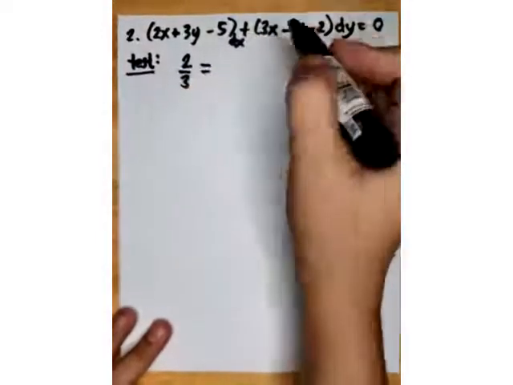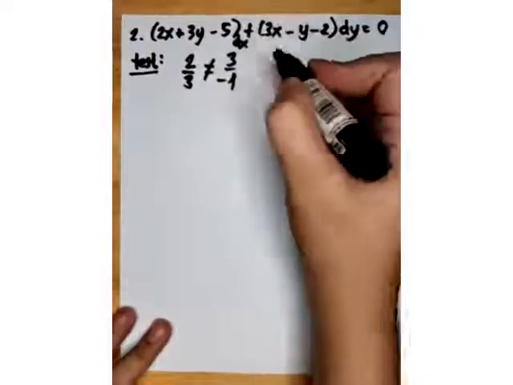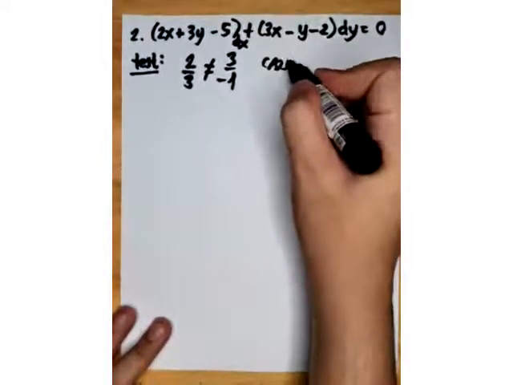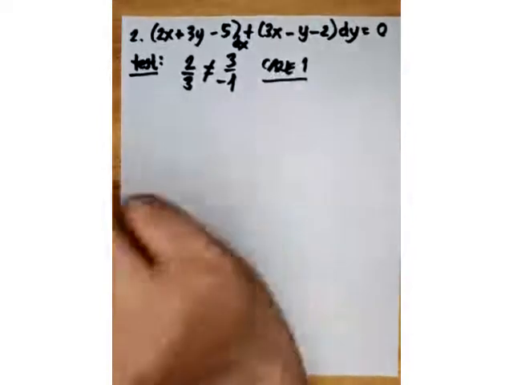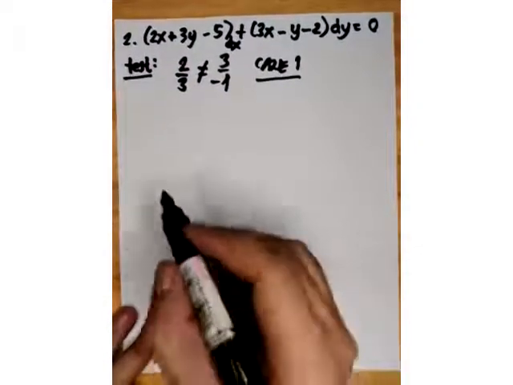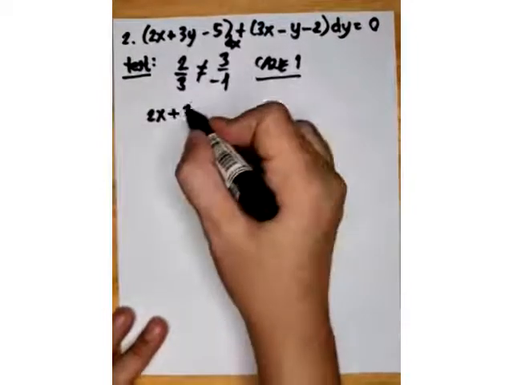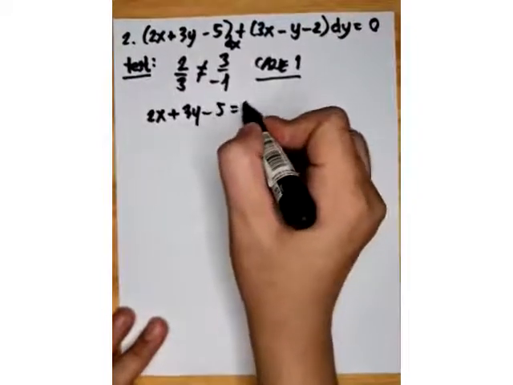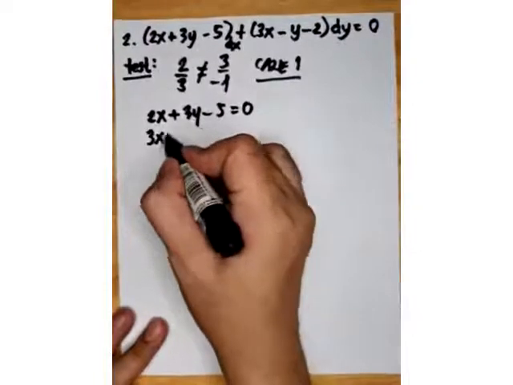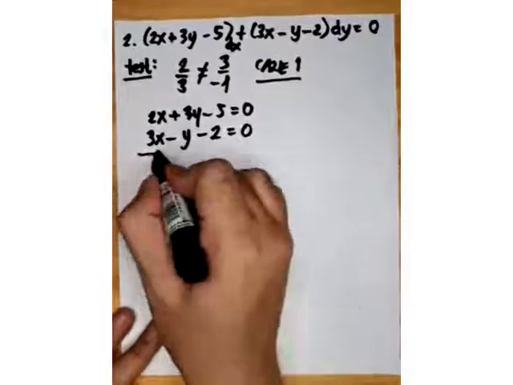Is that equal to 3 over negative 1? So not equal. So therefore it is case 1. Okay, so let's equate the 2 with 0. So 2x plus 3y minus 5 is 0. And then 3x minus y minus 2 is equal to 0.